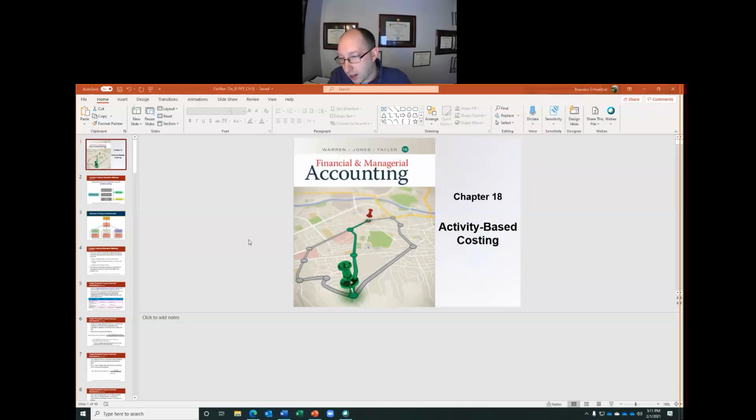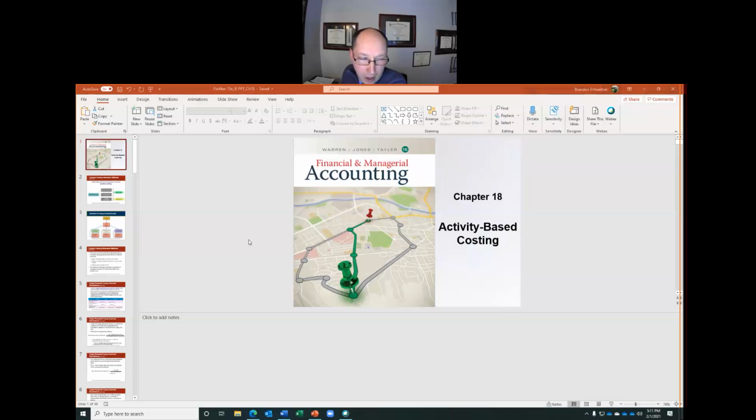Before, in process-based costing, we discussed cost as it relates to the continuous process of manufacturing. And in job-based costing, we discussed the costing as it relates to the production for specific jobs.